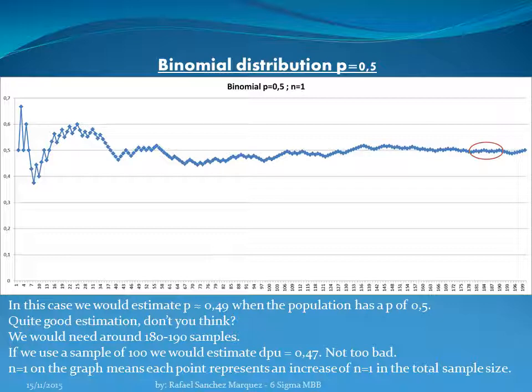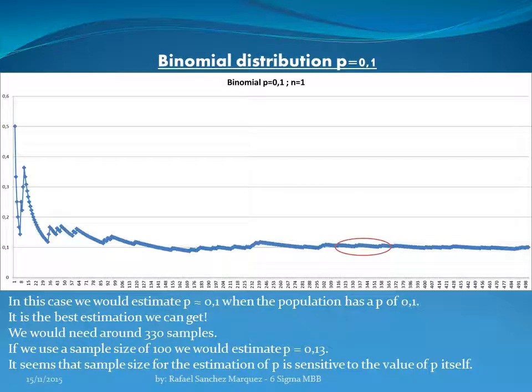What happens when we are trying to estimate a small proportion? Let's see what happens with 10% of not okay parts.